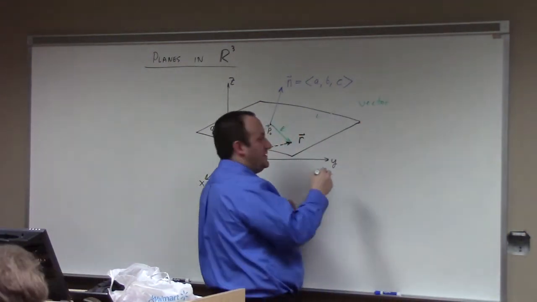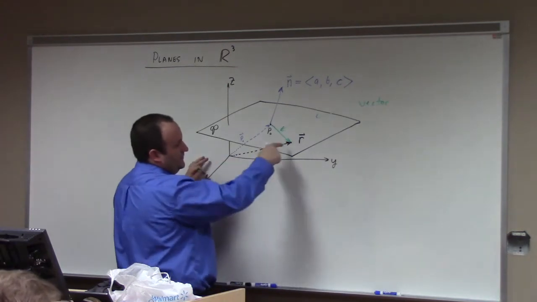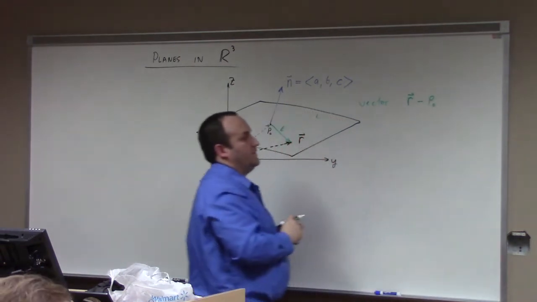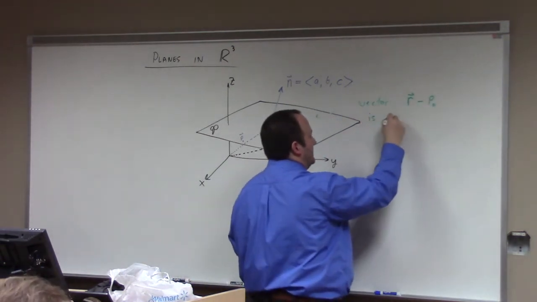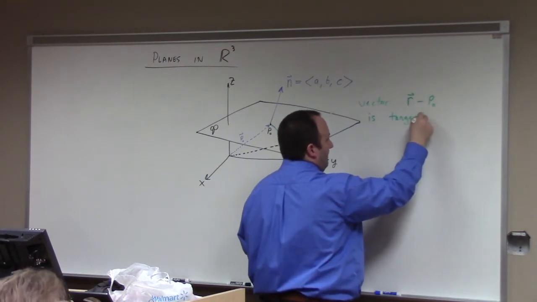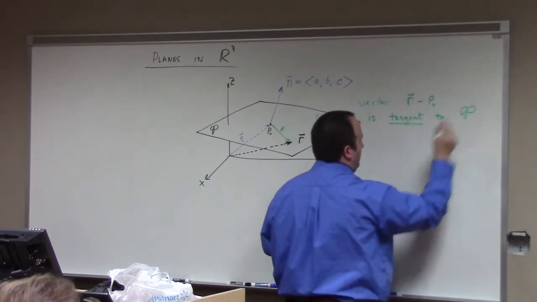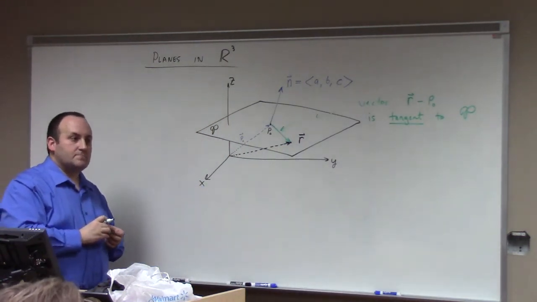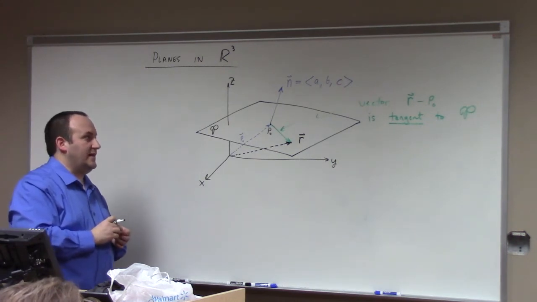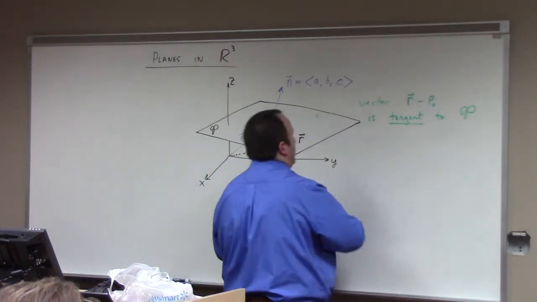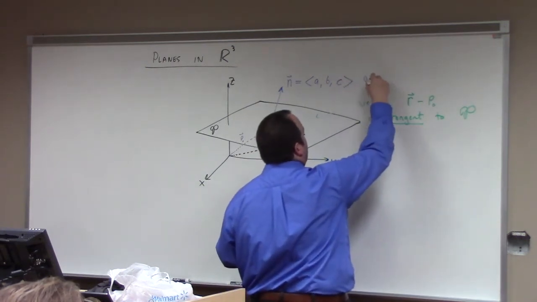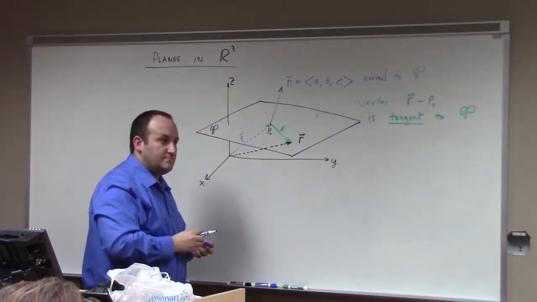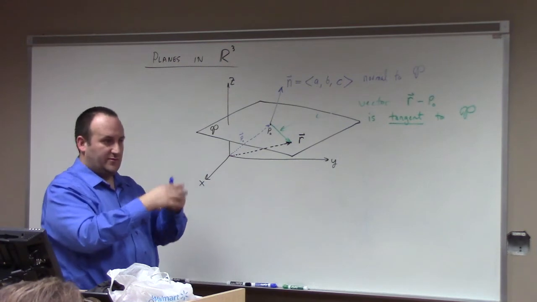This vector is what in terms of math? R minus P naught, right? It is what we would call tangent to the plane. I'm using this funny looking P to label the plane P, okay? N is the normal to the plane. Now, those are just words. Let's give them meaning. What's the relation between the tangent and the normal? They have to be perpendicular, right?